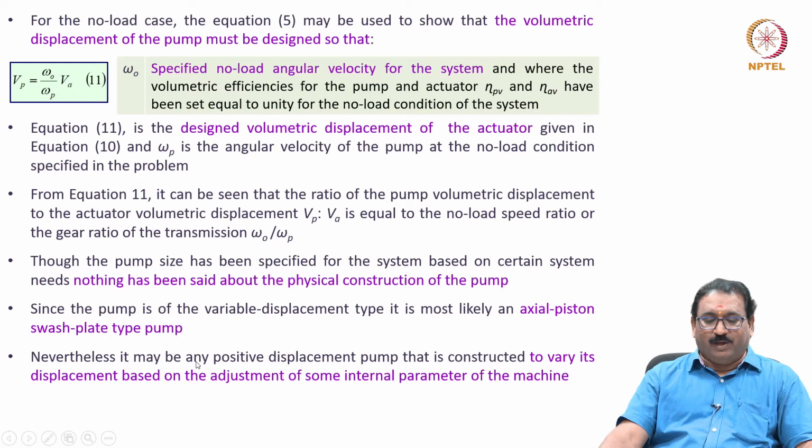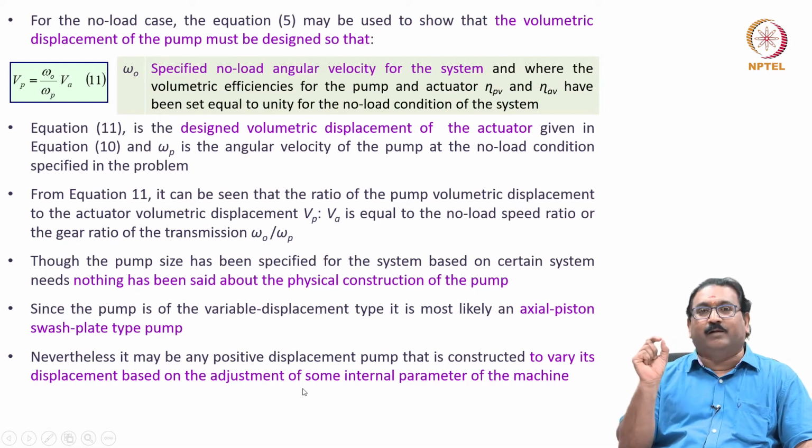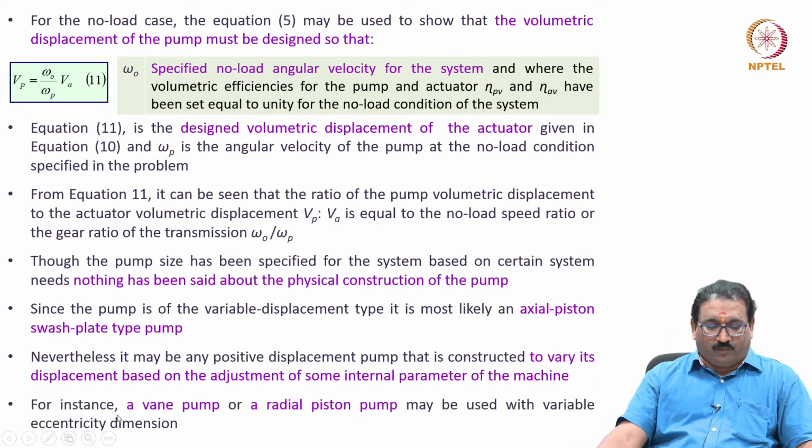Nevertheless, it may be any positive displacement pump that is constructed to vary its displacement based on the adjustment of some internal parameters of the machine. For instance, a vane pump or a radial piston pump may be used with variable eccentricity dimension.